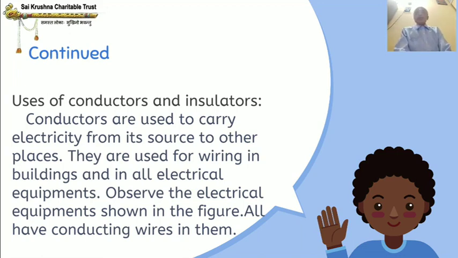Right. So now generator, we use generators when the electric supply is cut off, right? So there, generator is also one source of electricity. UPS, it has a backup, right?